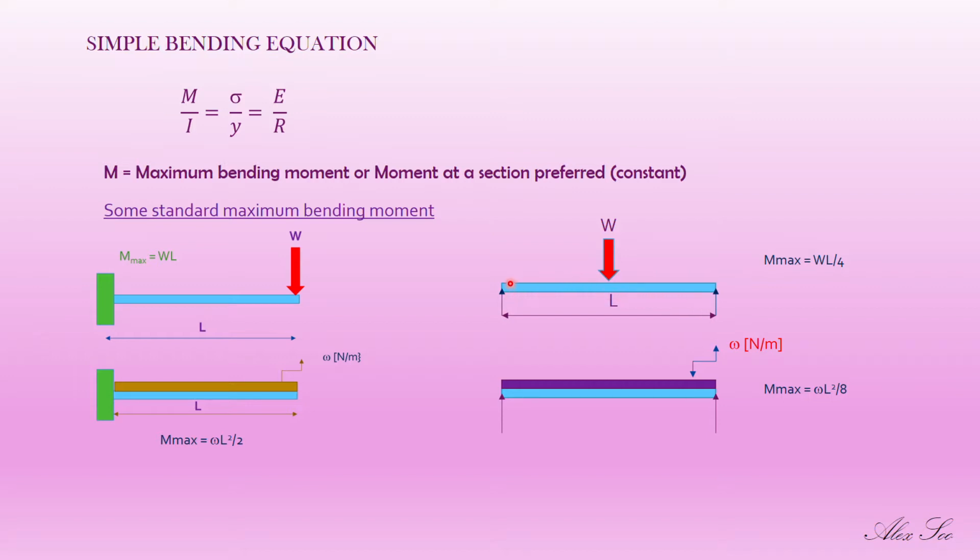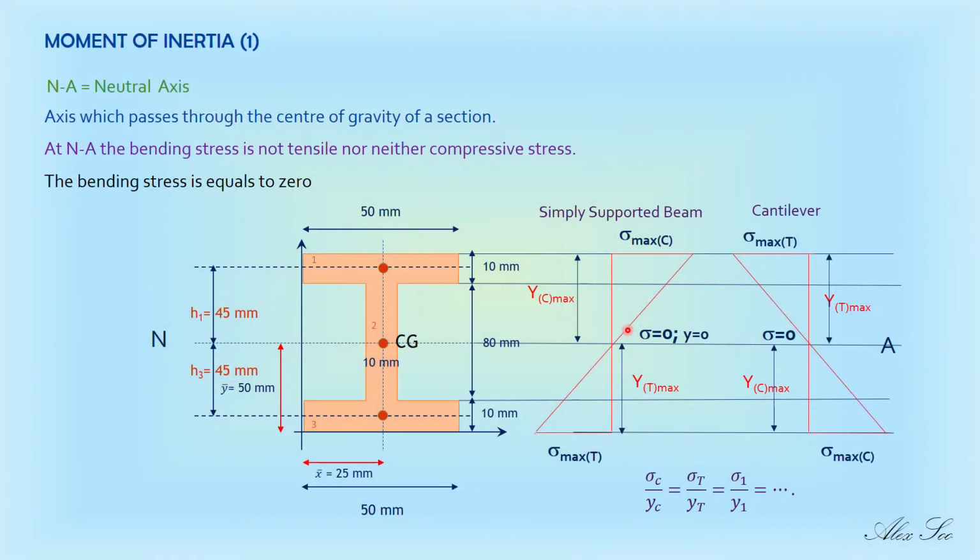In between the compressive top layer and the tensile bottom layer, there's a layer we call the neutral layer, or neutral axis, which is neither compressive nor tensile. So the I here is the second moment of area taken about the neutral axis. Remember, it is where your stress is 0.